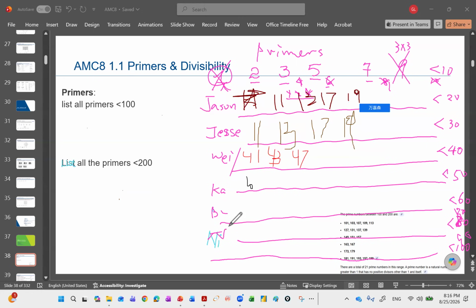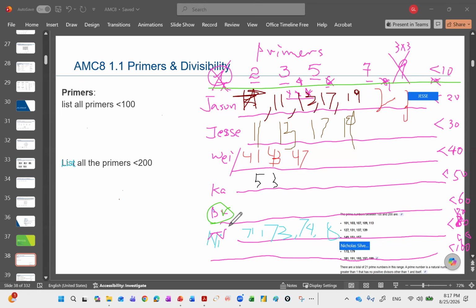Should I do the 20s too? Yeah, you can do them all. Okay, 19, 23. Or use different colors. 23, and 27. I mean, no, not 27. And 29. Yep. What about 37?